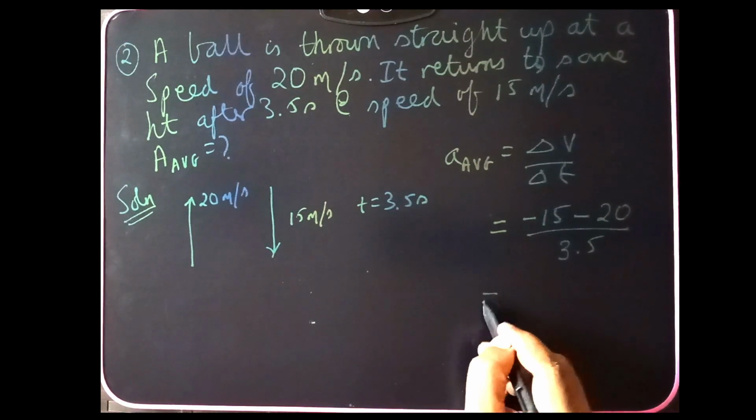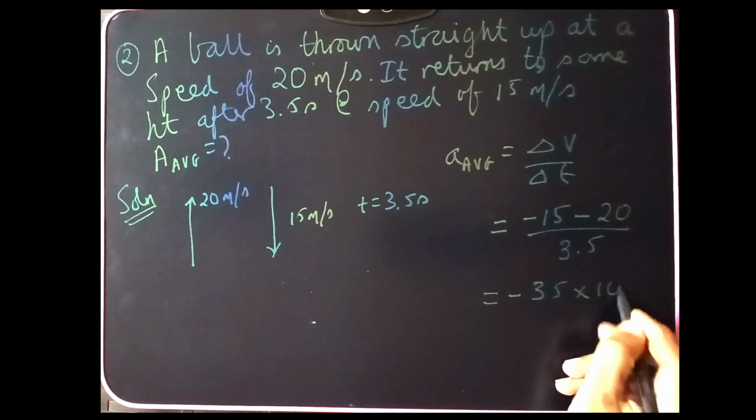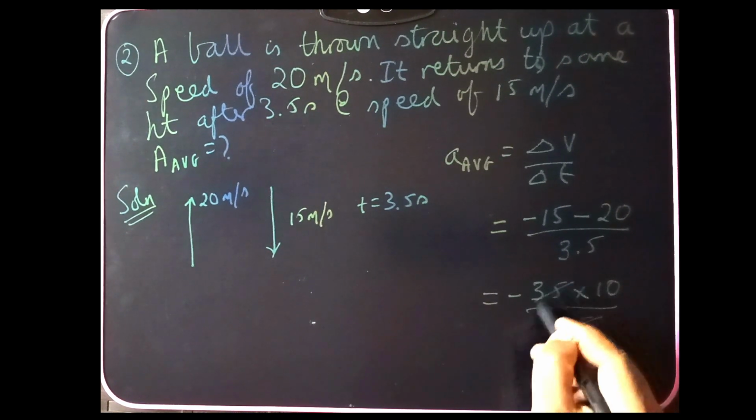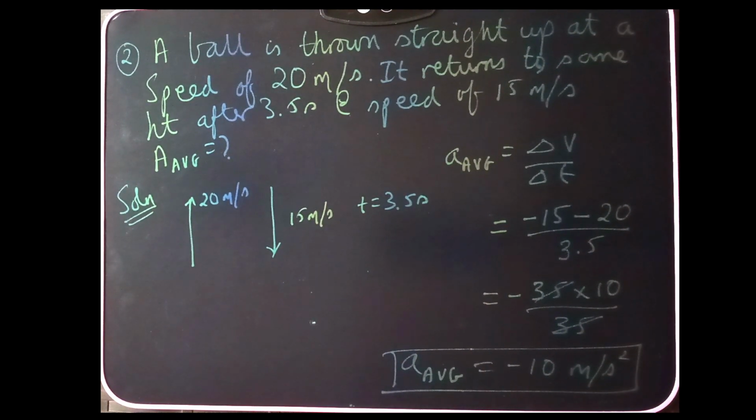So this will become equal to minus 35 divided by 3.5. I can multiply by 10 to remove the decimal point: minus 350 divided by 35. I'll cancel and get minus 10 meter per second squared. So this is the answer for average acceleration. What does the negative sign indicate here?